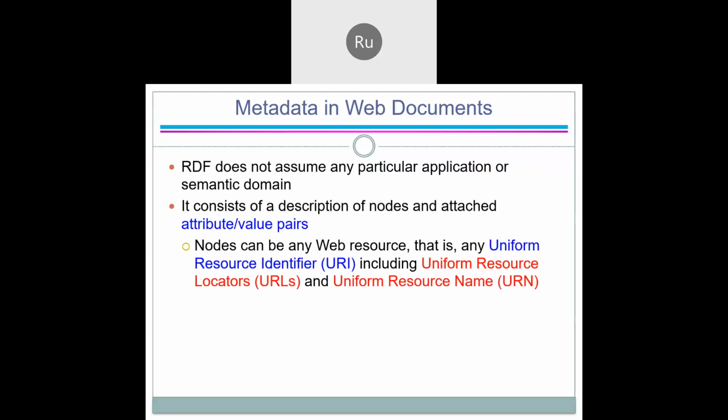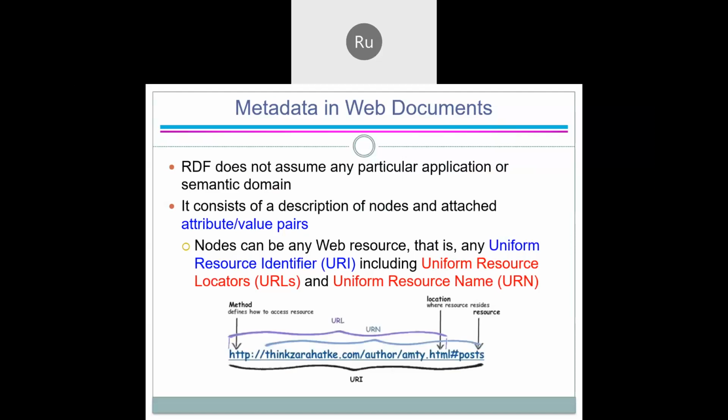RDF does not assume any particular application or semantic domain, so this is general. Normally they contain these two: URL. We only know about the URL. So the URL starts from the HTTP until you see this up to here. When you try to retrieve some document, they also have a hash key and other symbols. So that is what we call the URI, Uniform Resource... no, this is called Uniform Resource Name.